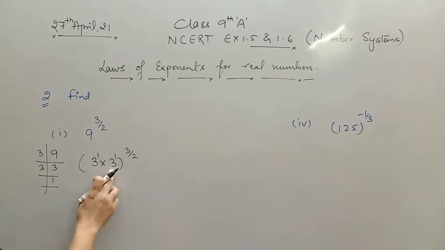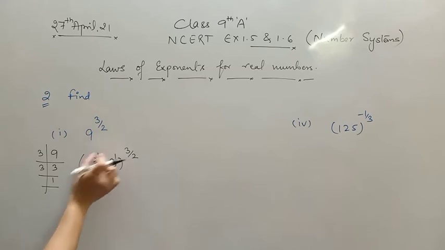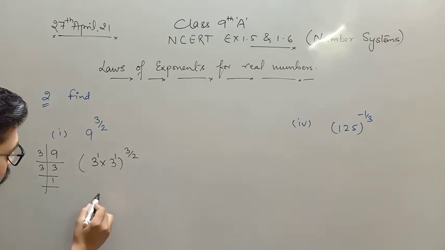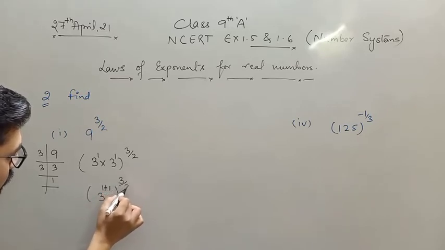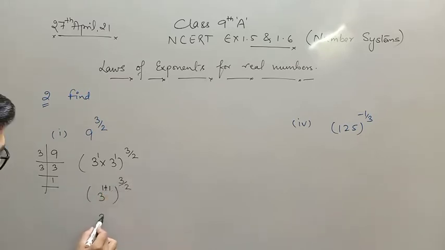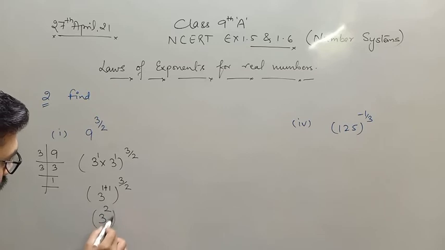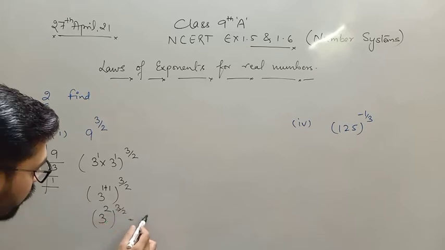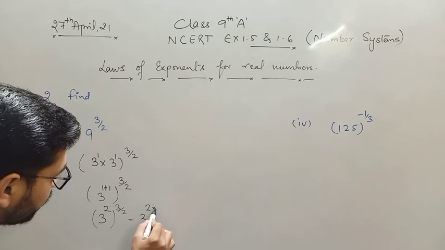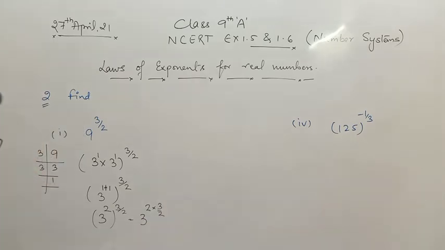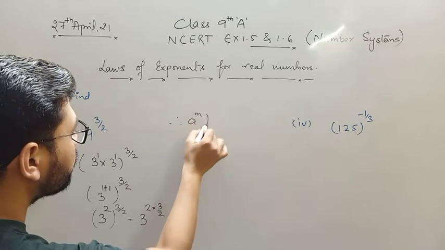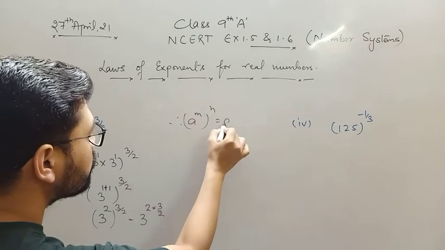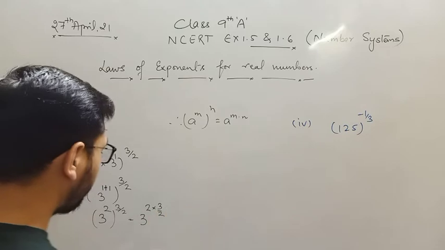Now if the bases are same, then the powers get added up, right? So can I write like this, 3 ki power 1 plus 1, whole power 3 by 2. Or I can write 3 ki power 2, whole power 3 by 2. Or I can write 3 ki power 2 into 3 by 2 using the same identity, a ki power m ki power n is equal to a ki power m into n.